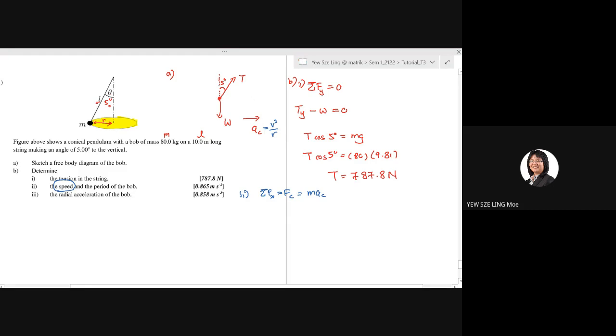If you resolve T, you will obtain Ty going up and Tx going to the right-hand side. Tx is the only force in the same direction as AC, parallel to AC. So Tx equals mv squared over R. So T sine 5 degrees equals mv squared over R.